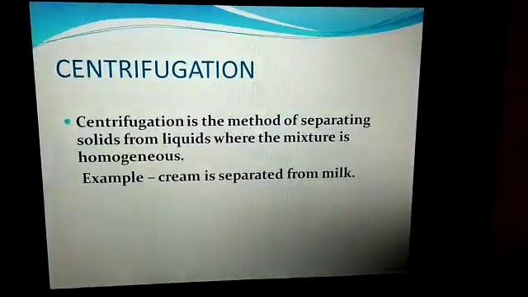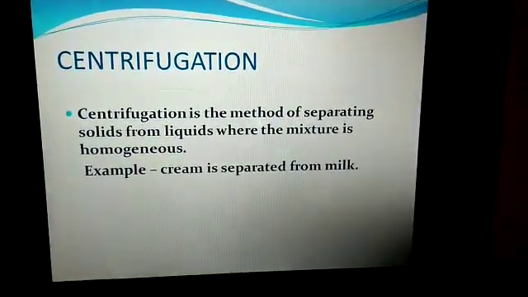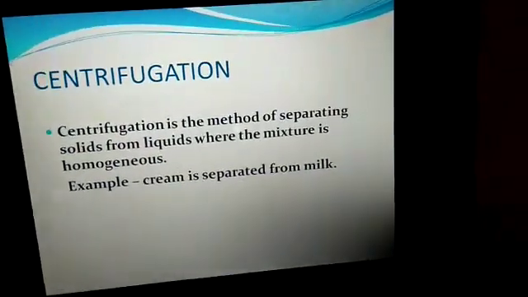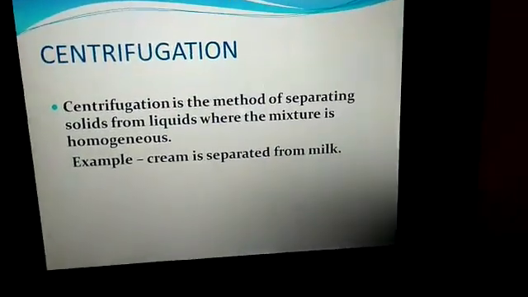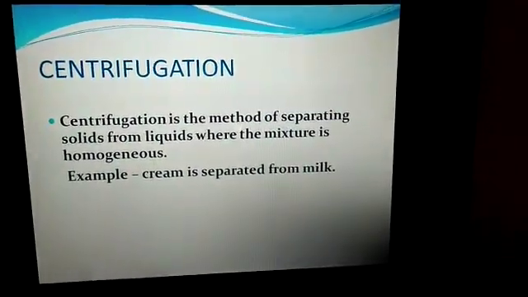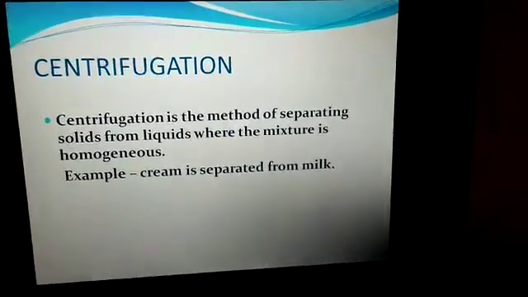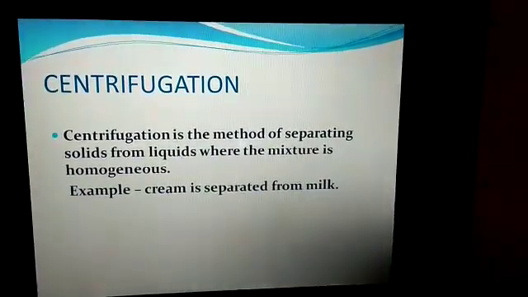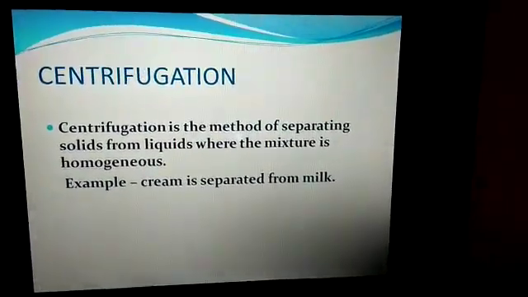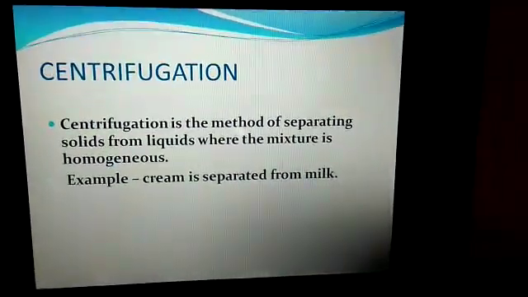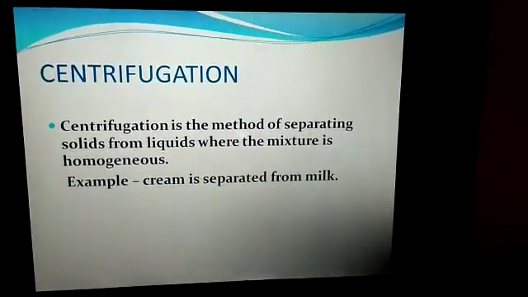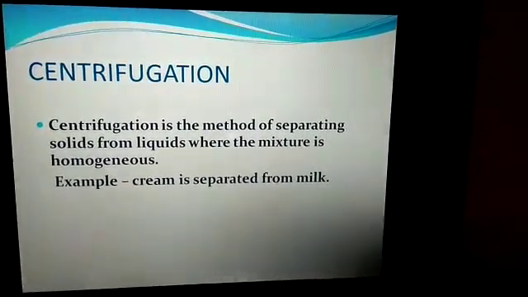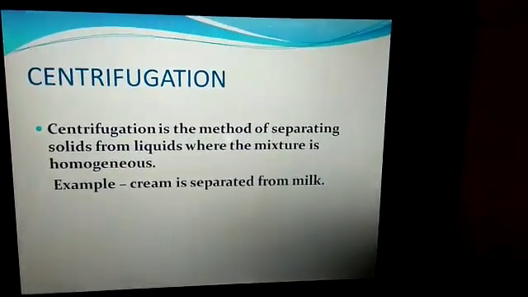The next method, centrifugation. This is the method of separating solids from liquids where the mixture is homogeneous. The best example of this method is that cream is separated from milk. The apparatus used is called a centrifuge, and the mixture is placed in the centrifuge tube and rotated at a high speed, due to which the heavier solid particles move towards the bottom and the light solid particles float on the liquid.